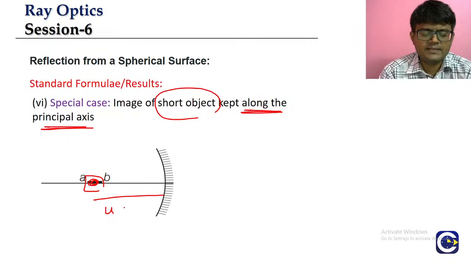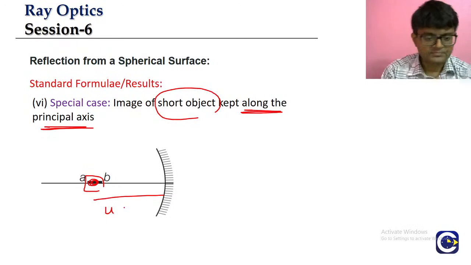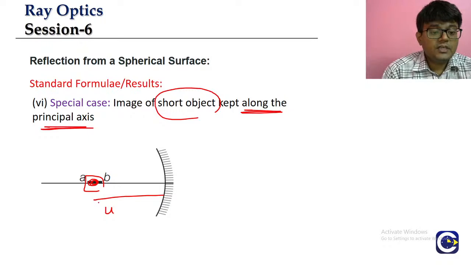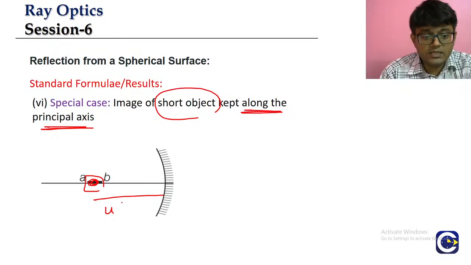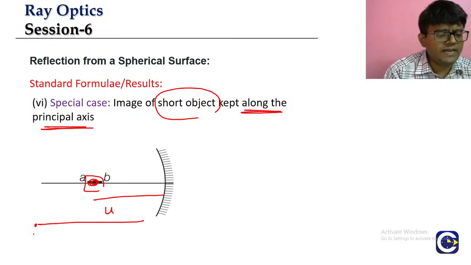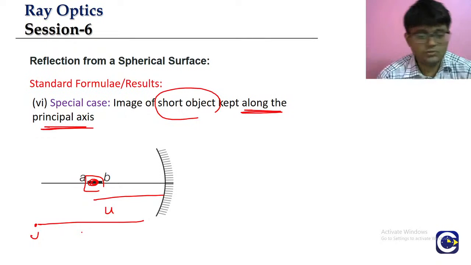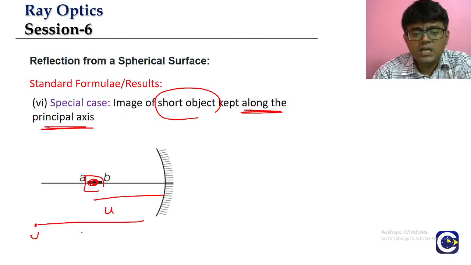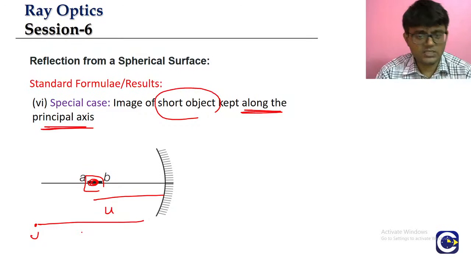Don't think that it is spread. Then if there is a point object at a distance u from the mirror, its image will be somewhere. Maybe it can be on the left side of the mirror, or on the right side also. We don't know. It depends upon the position of the object with respect to the mirror and the nature of the mirror also.